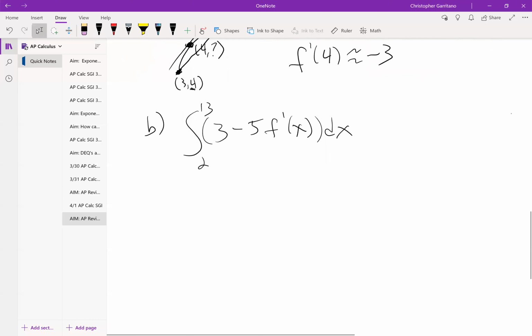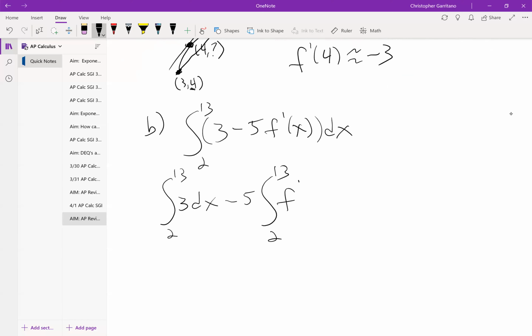But what I'm actually going to do first is kind of rewrite this integral into 2 separate integrals. So I'm going to write this as the integral from 2 to 13 of 3 dx minus 5 times the integral from 2 to 13 of f prime of x dx.